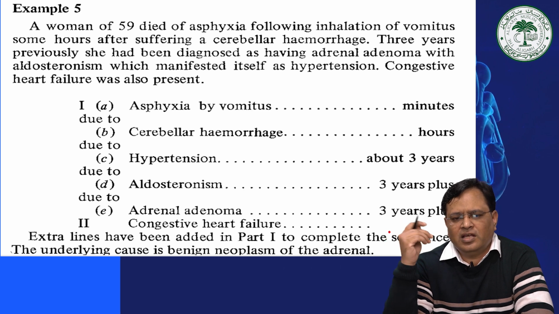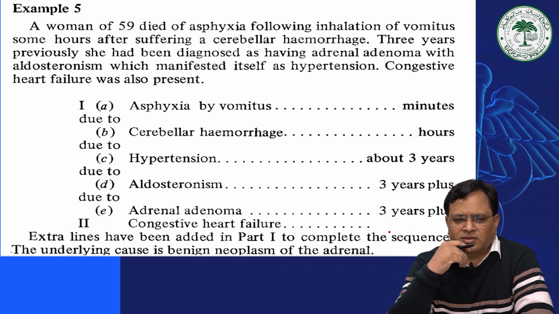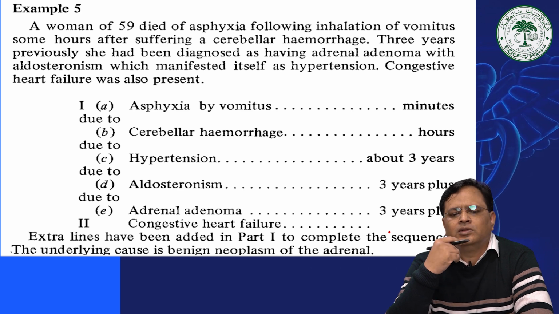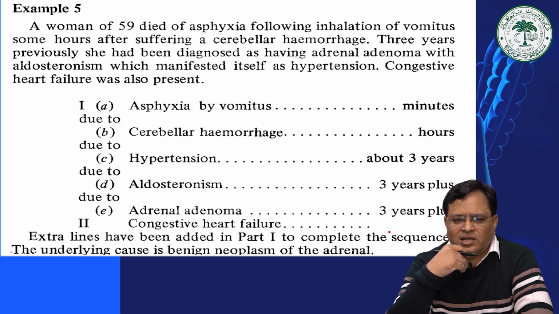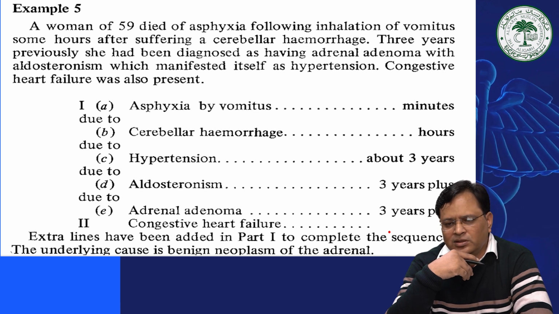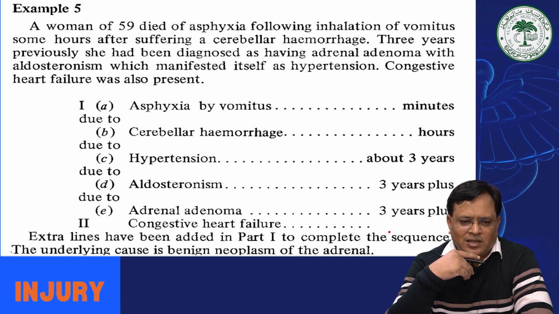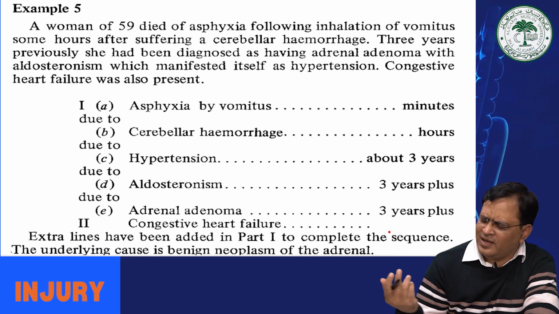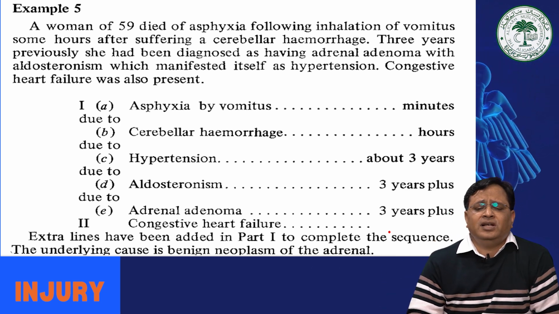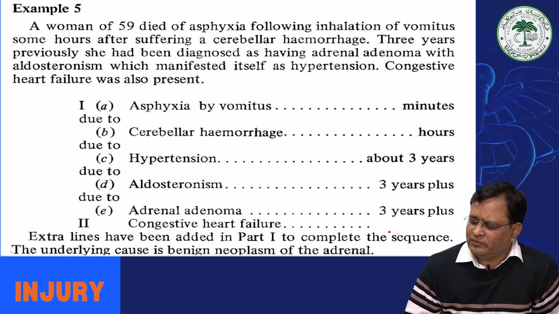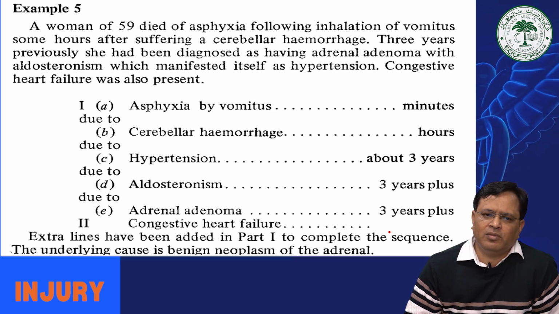Then asphyxia by vomitus, minutes, due to cerebral hemorrhage, hours, due to hypertension, about 3 hours, due to aldosteronism, 3 years back, adrenal adenoma, 3 years plus. Extra lines have been added in part 1 to complete the consequences. There are various ways to complete the death certificate, and we should be aware of that. We should not leave anything blank.